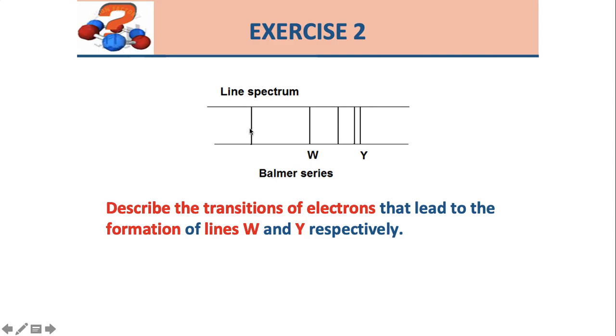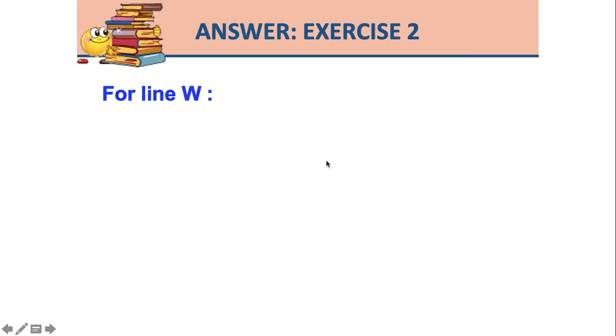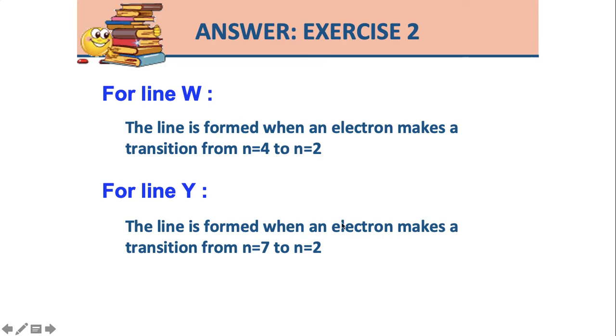So the first line means the electron falls from n equal to 3 to n equal to 2. The second line means the electrons fall from n equal to 4 to n equal to 2. And Y is the fifth line, so it means the electron falls from n equal to 7 to n equal to 2.